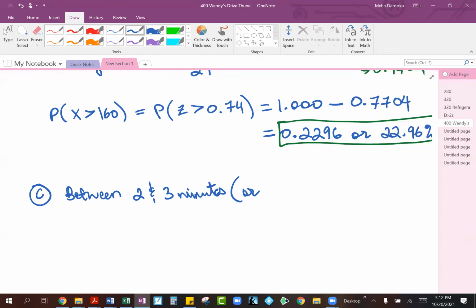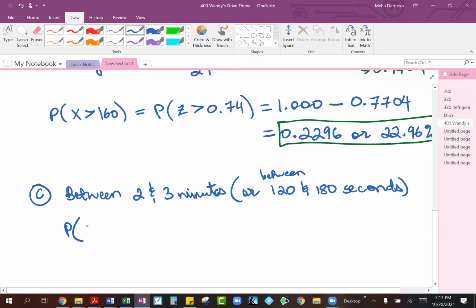Multiply both numbers by 60 because each minute has 60 seconds. So you are saying between 120 and 180 seconds. Okay, so as our notation, you will write this as your X value being between 120 and 180.